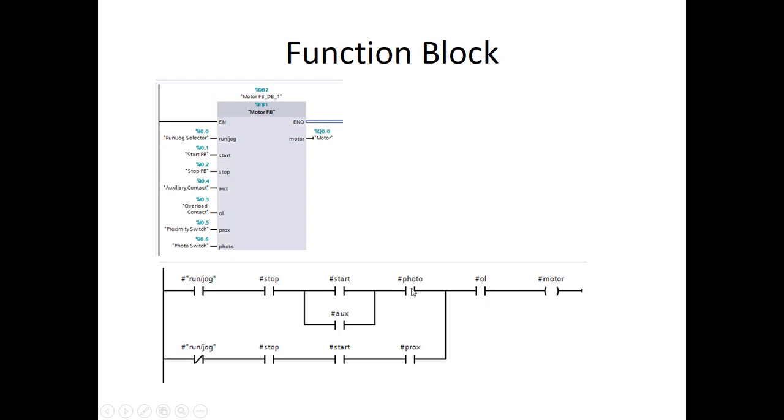Okay, and then going the other way, if you click it over, it would go offline because it wouldn't be running right away because the prox wasn't made, so the aux would drop out. And then this rung would not be true in any way because that's open and now this is closed. So when I hit start, if the prox was made, it would turn the motor on. This aux would close right here, but it doesn't matter because this is false when this is true. So function block's one way to do that.